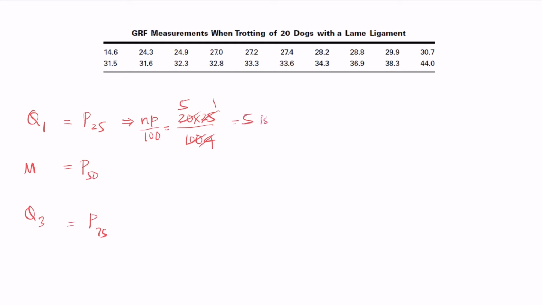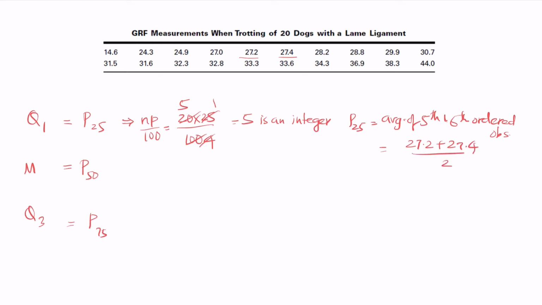So 5 is an integer, which means that P25 has to be the average of the 5th and 6th ordered observations. The 5th and 6th observations are 27.2 and 27.4. So 27.2 plus 27.4 divided by 2 becomes 27.3. So here Q1 is 27.3.